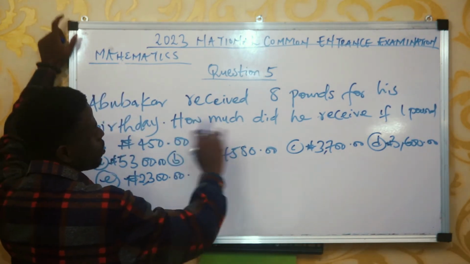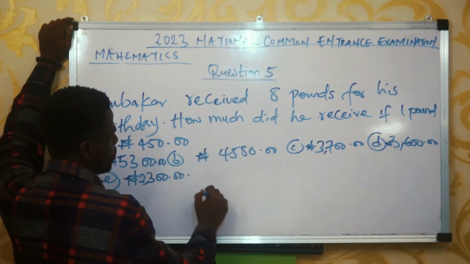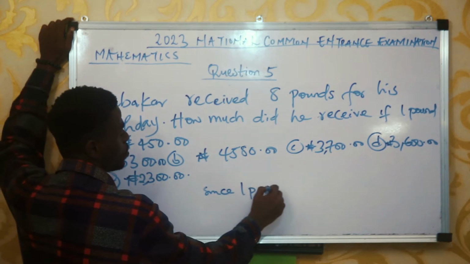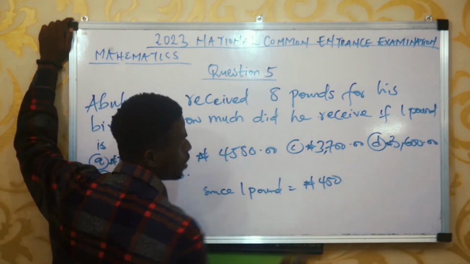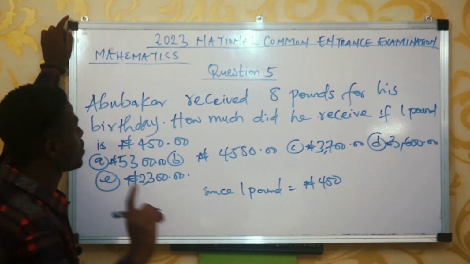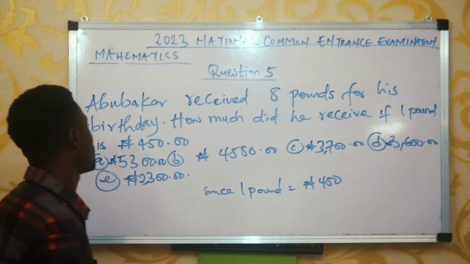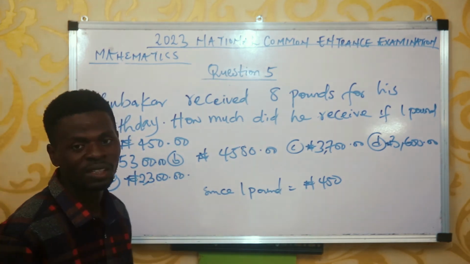Now from the question, £1 is 450 naira, and he received £8. So we are asking how much that is in naira.